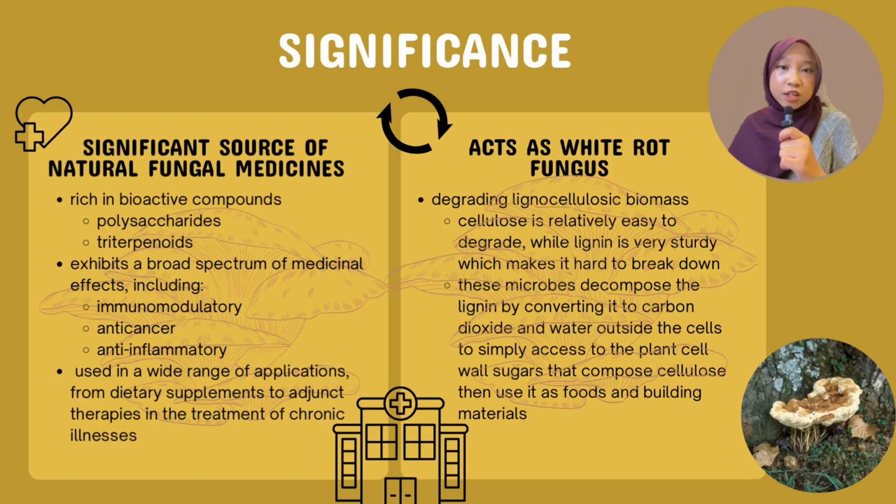This white rot fungus is a very important trait as it balances out the ecosystem because it decomposes materials and releases carbon dioxide back to the environment. In this process, it will leave a white or bleached appearance as you can see in the picture provided.